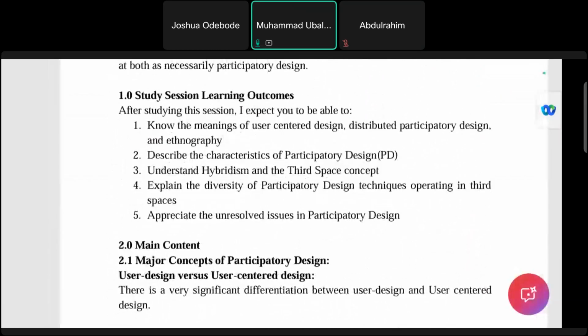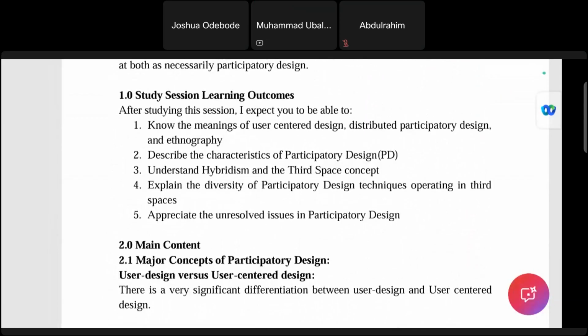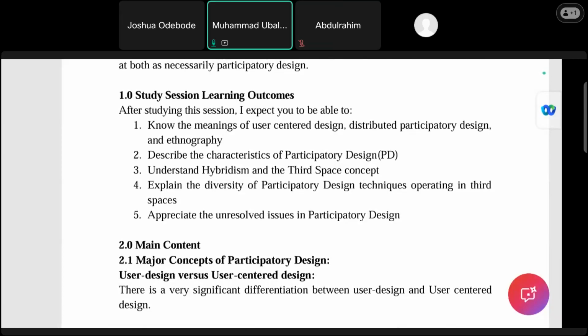Now, the outcome of this session, after studying the session, is that each and every one of us is expected to know the meaning of user-centered design, distributed participatory design, and ethnography, then describe the characteristics of participatory design, PD for short, and then understand hybridism and the third space concept.